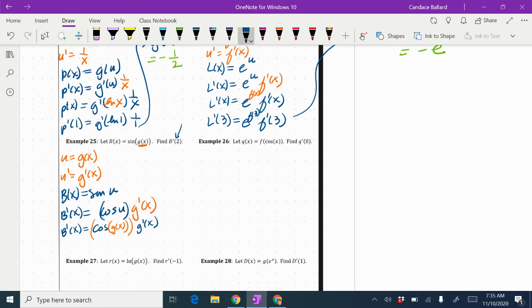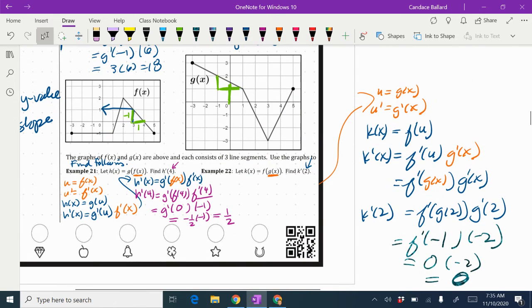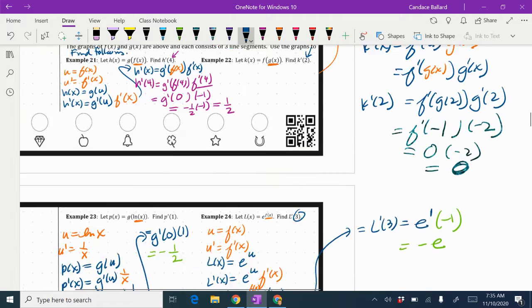And now we're going to plug in a 2. So b prime of 2 equals cosine of g of 2, and then times g prime of 2. All right, let's see what we can find on our graph. So g of 2 in the graph happens to be negative 1.